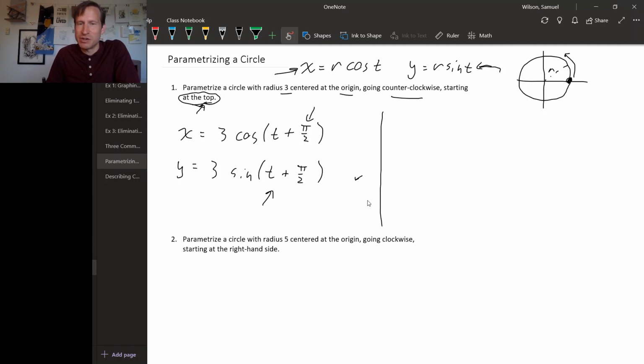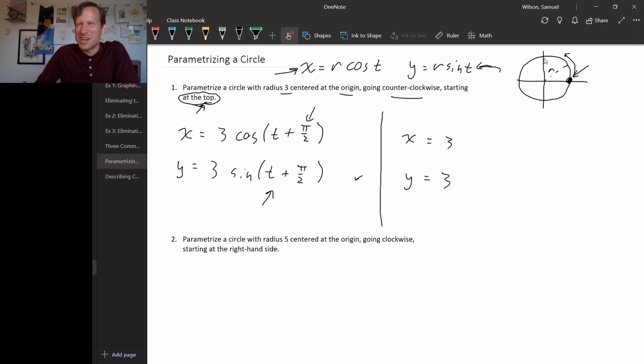Another way to get parametric equations for this situation is like this. We know the radius is still 3, but one thing you can do is, if we want to start at the top, that means x should start at 0 and y should start at 3. Well, in the usual way of parametrizing the circle, x starts at the radius and y starts at 0.